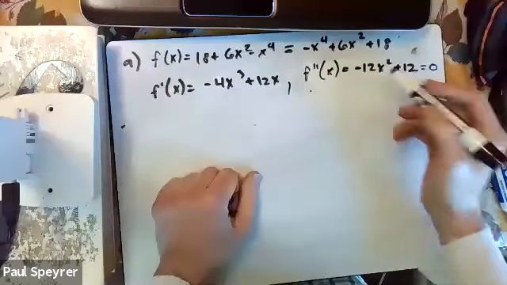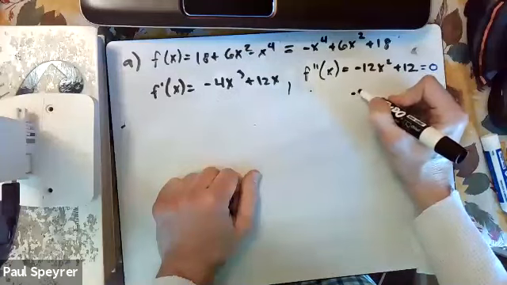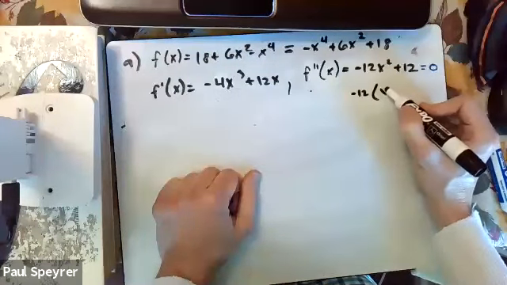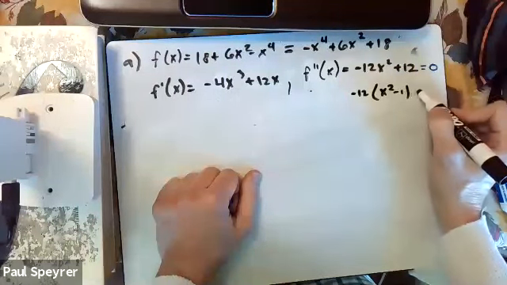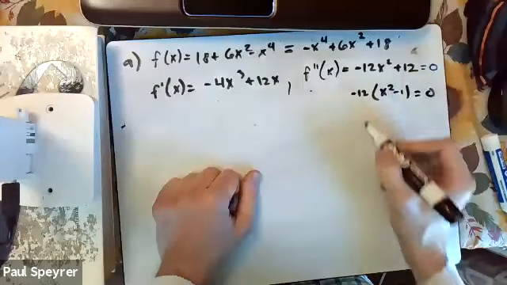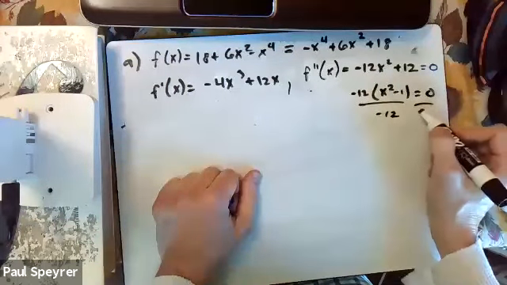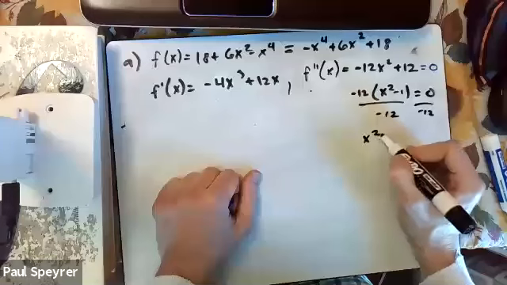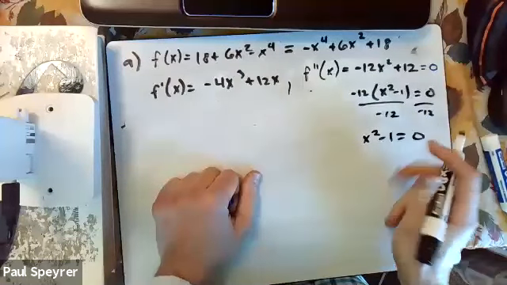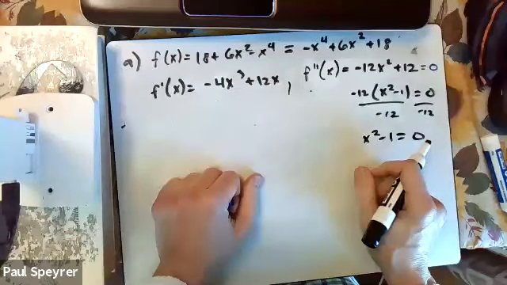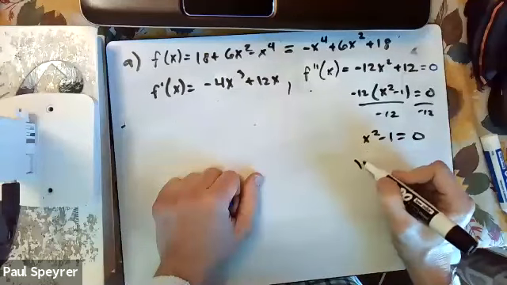But what can we do right here? We can take out a negative 12. If we do that, we're left with x squared minus 1 equals 0. And then we can divide both sides by negative 12. And now we have x squared minus 1 equals 0. So from here, what can we do? Factor.